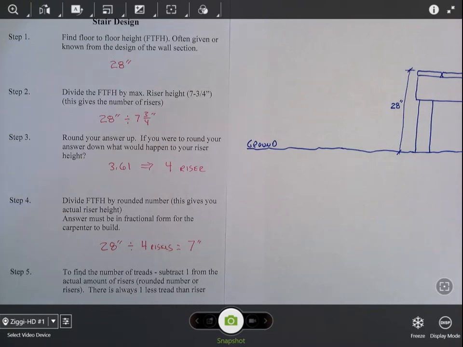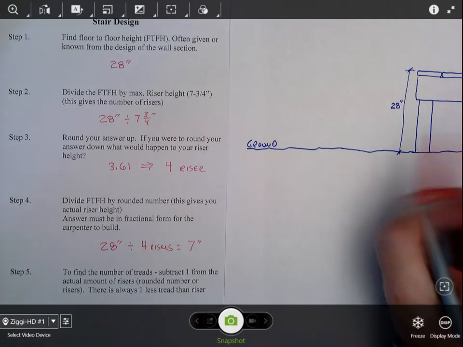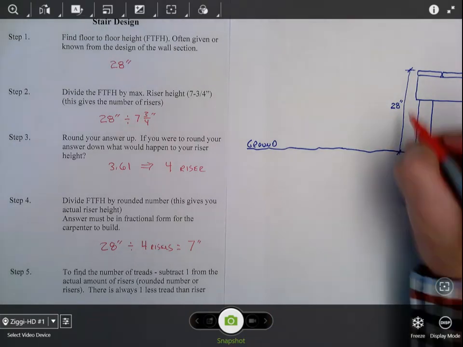Moving forward to step 5, to find the number of treads, all we have to do is subtract 1 from the rounded number of risers. There's always one less tread than riser. We can look at our little drawing here, and we can see 4 risers.